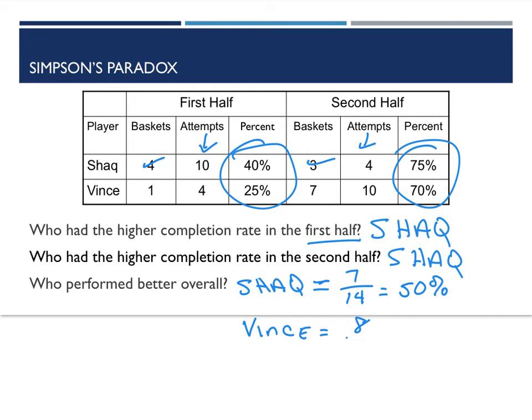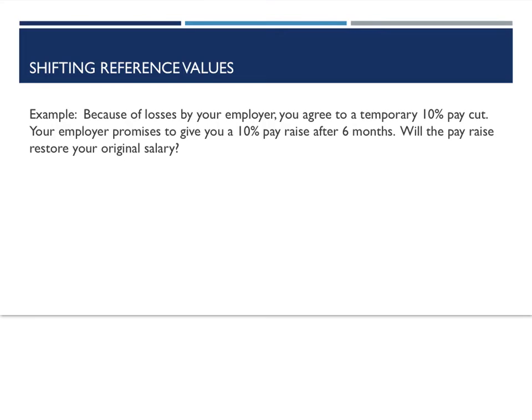But he made 8 baskets out of 14, which is going to be more than 7 out of 14, but I'll get that percentage is 57.1%. So Vince did better overall. But when it comes to the overall, don't get lulled into thinking you always do it one way. You have to think about what your sample size is based on the problem.